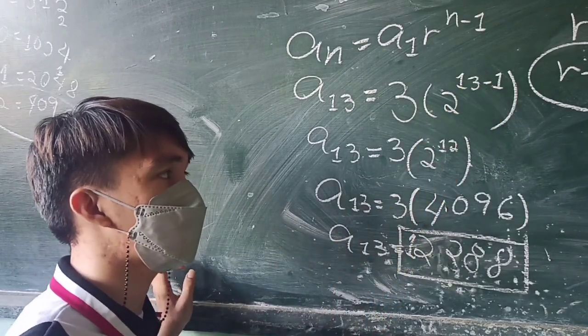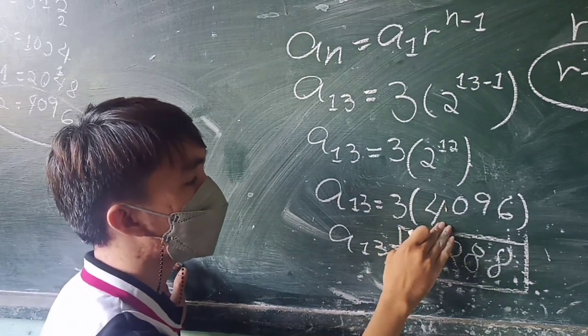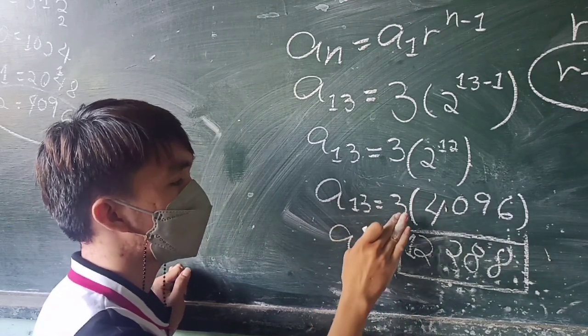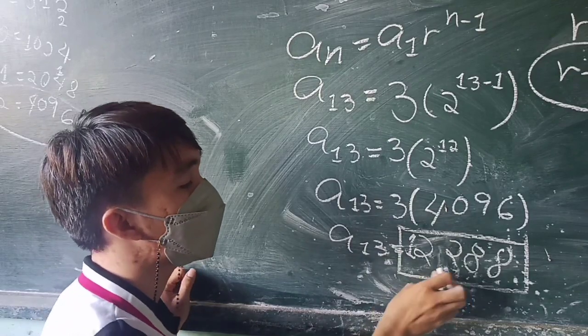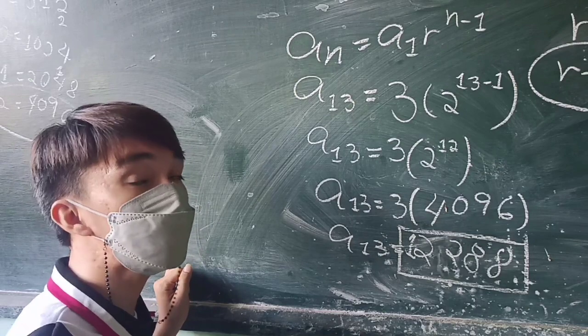Now, we are going to multiply 2 twelve times by itself. So it is 4096. A sub 13 equals 3 times 4096, which is equal to 12,288. So, the 13th term is 12,288.